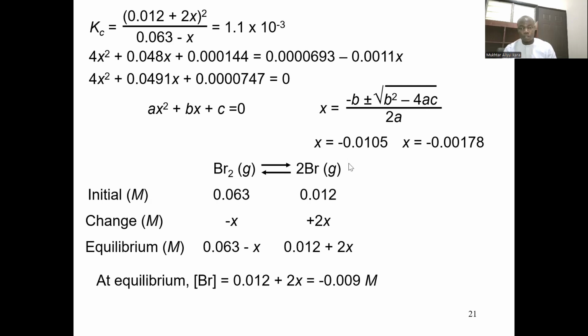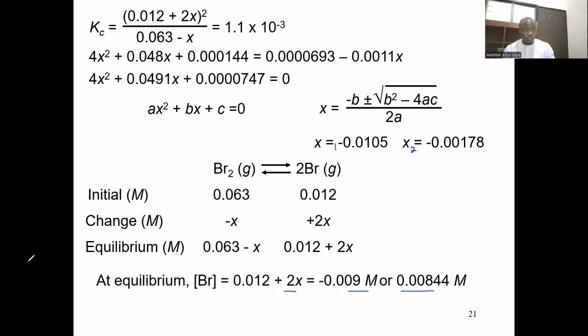After we substitute the value of x, we end up with 0.009 molar or 0.00844 molar, when we substitute both x1 and x2. For the bromine concentration, since we have 2 values of x, we substitute each of these values here.